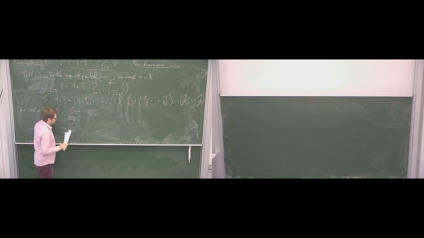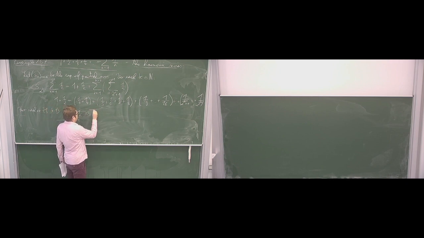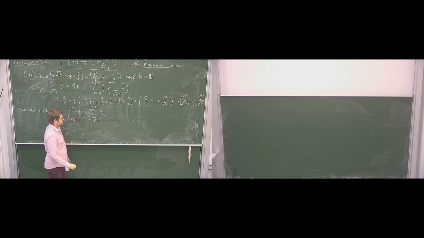So we can estimate this from below if we just estimate every summand by the last summand in the fraction, so by the biggest value of n, which is 2 to the i plus 1. This means this is bigger than or equal to the sum n equal to 2^i plus 1 to 2^(i+1), 1 over 2^(i+1). Okay, this is now constant. This is not dependent on n anymore. So this is just a multiple of this fraction here, and the multiple is the number of summands here.